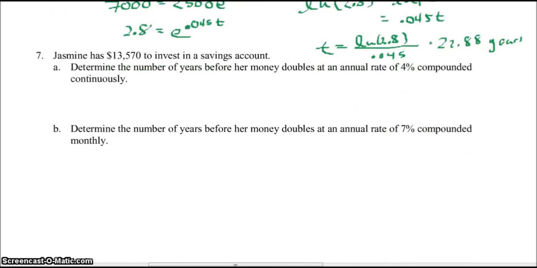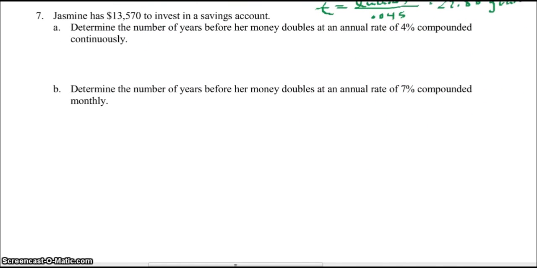Number 7, Jasmine has $13,570 to invest in a savings account. Determine the number of years before her money doubles at an annual rate of 4% compounded continuously. So our compounding continuously formula, once again, A equals Pe^(rt).